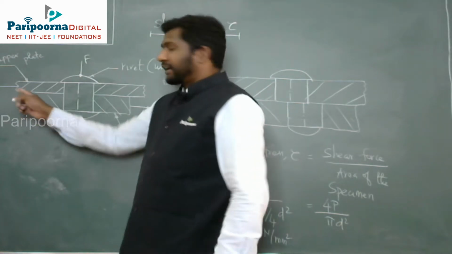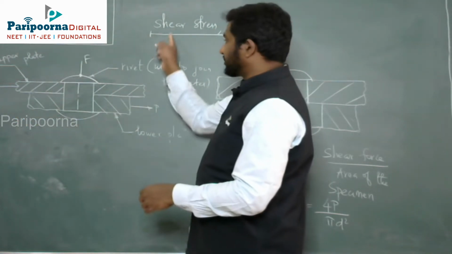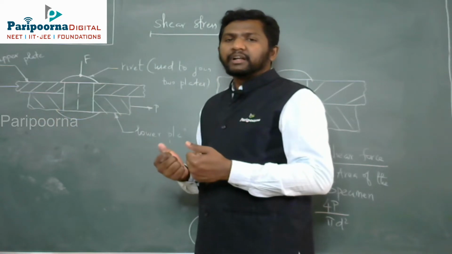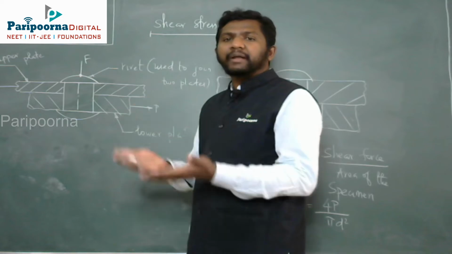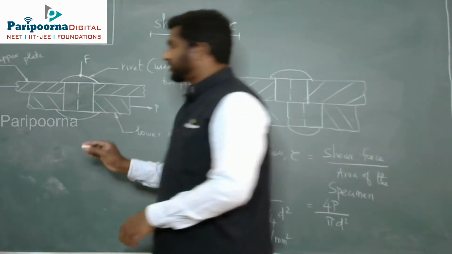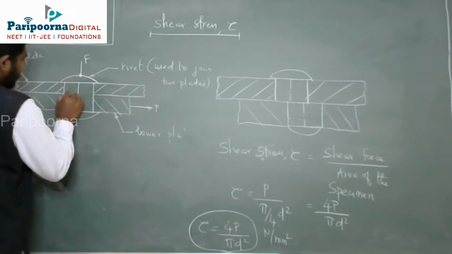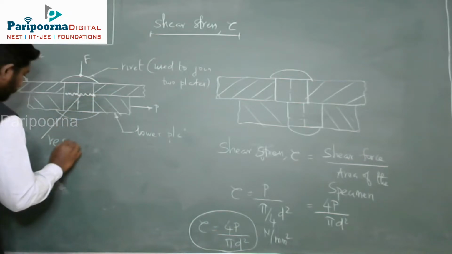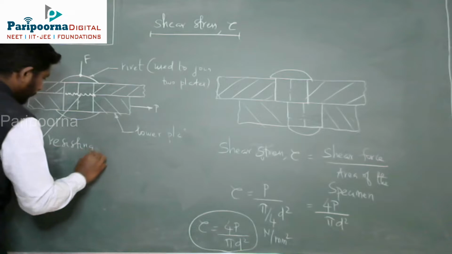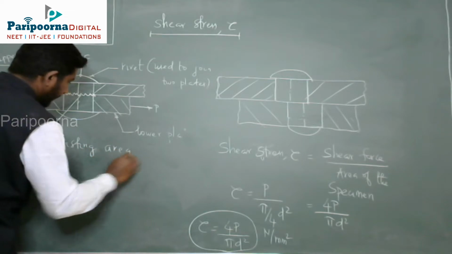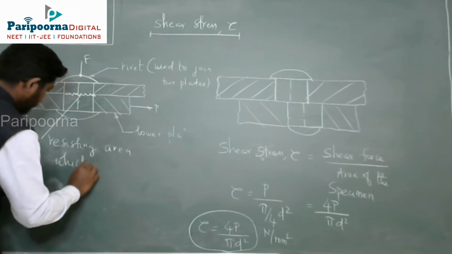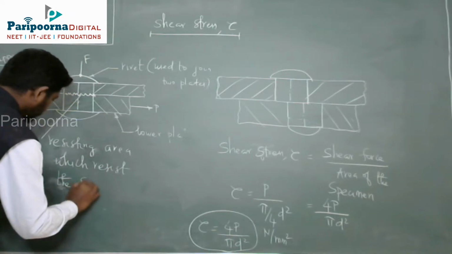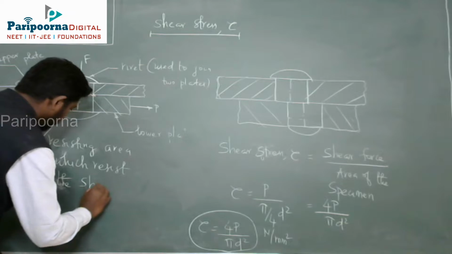Now, coming to our topic, shear stress. Shear stress is caused by equal tangential forces applied across the resisting section. In this case, this is the resisting area, which resists the shear force.